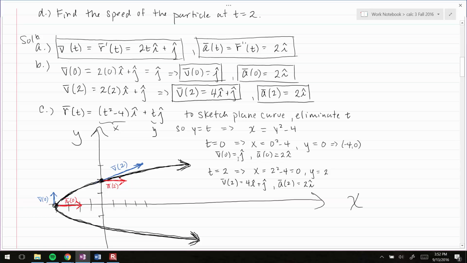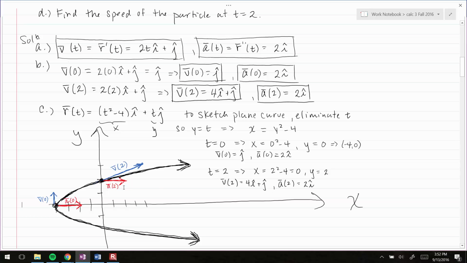So do the same kind of thing at t equals 2. So the point that corresponds with that, just plug in that t equals 2 into each of the little equations for x and y in the position function. So you get 0 and 2, which is up here. And then, again, we already calculated our velocity at 2 and our acceleration at 2.